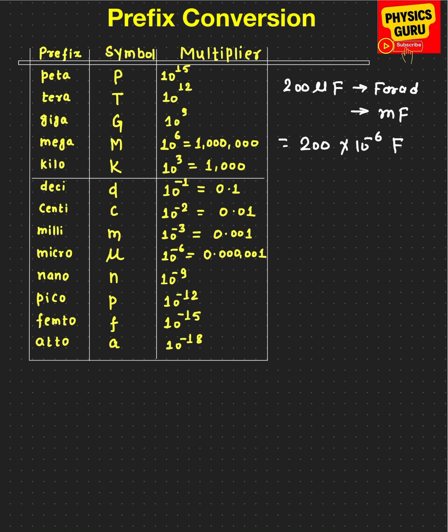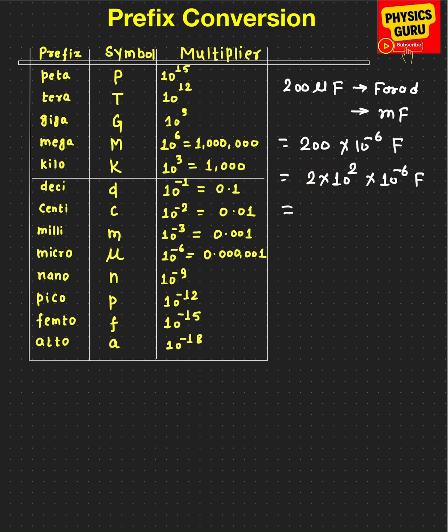Okay, and make a habit of writing in scientific notation. So the 200 means 2 times 10 to the 2 times 10 to the negative 6 farad. So you see, 2 times 10 to the 2 means 200.